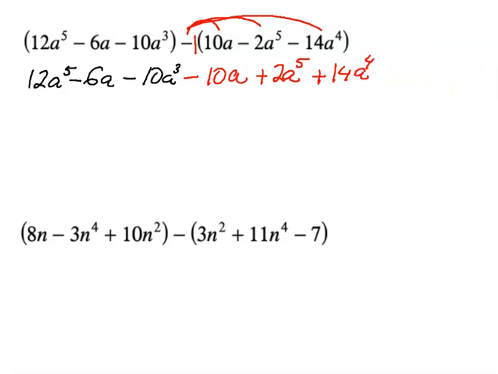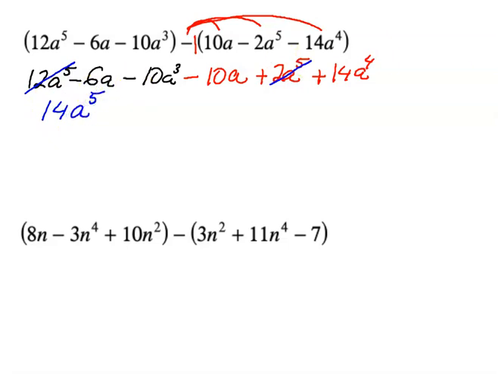Okay, so we did rewrite this polynomial. Now we have to combine like terms. Let's start from left to right and see what we can combine. Now we have 12a to the 5th power plus 2a to the 5th power, which is 14a to the 5th power.